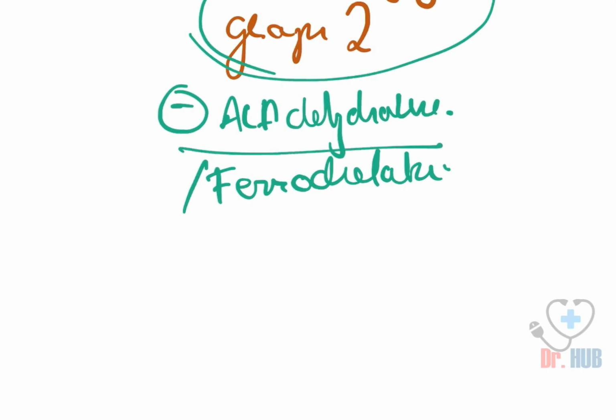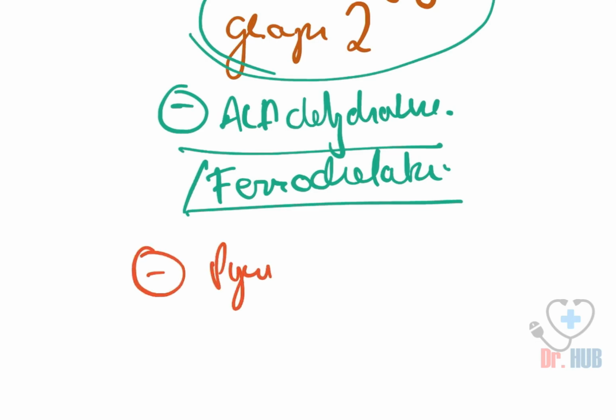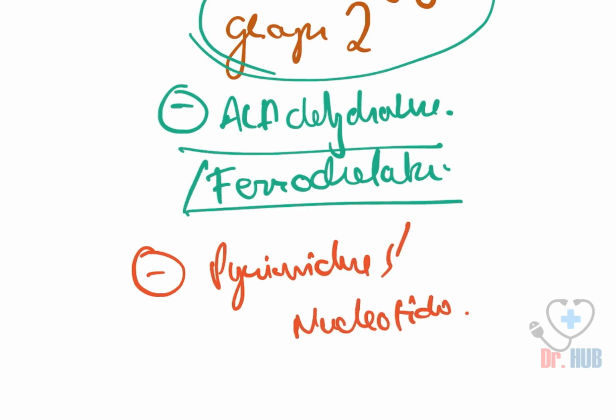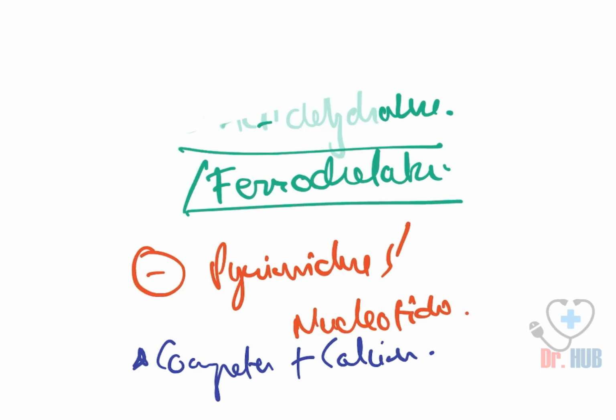And it inhibits the ALA dehydratase as well as the ferrochelatase. Next, there is also inhibition of pyrimidine 5 nucleotidase. And the next one is that it also competes with the calcium.